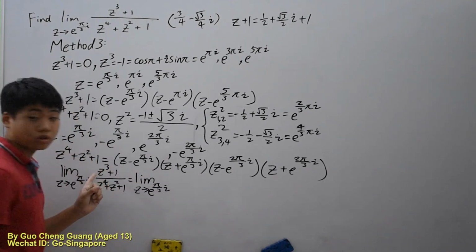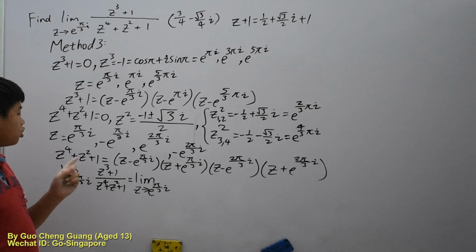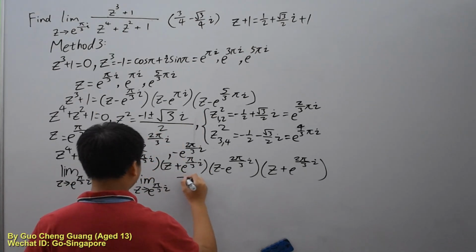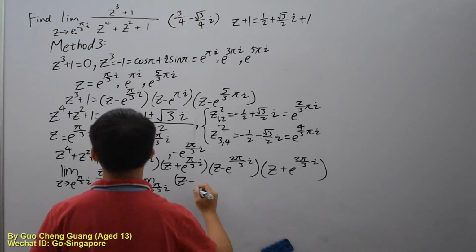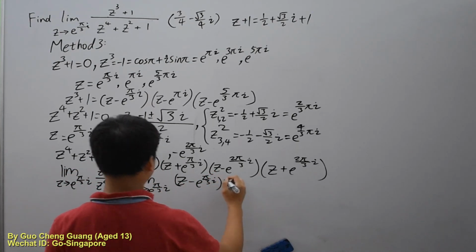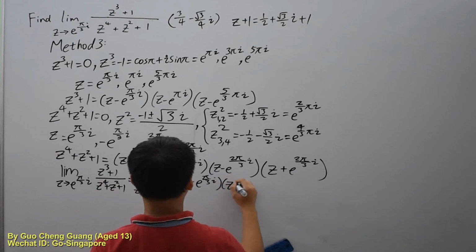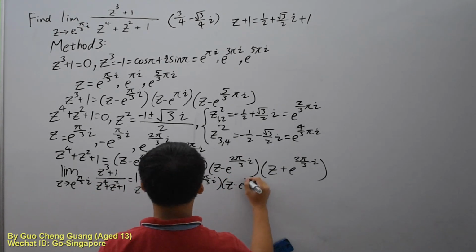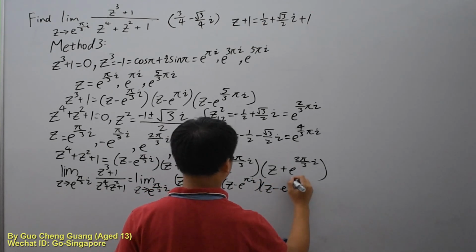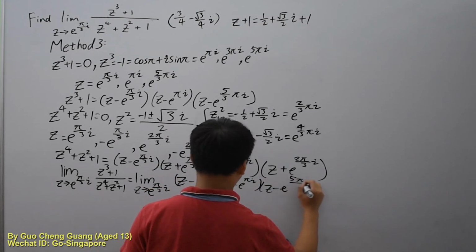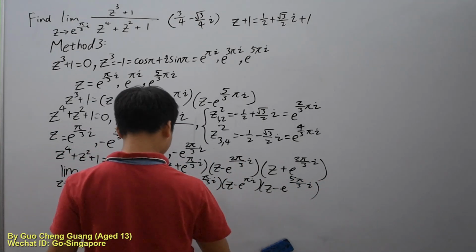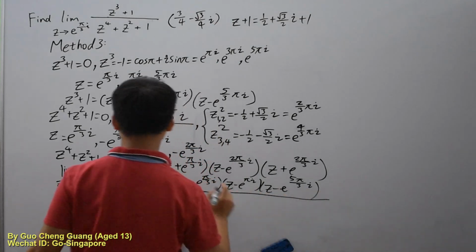And so this part, z cubed plus 1. Z cubed plus 1 is this part over here. Goes here. And then over.